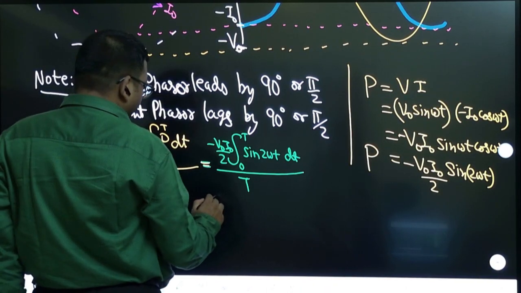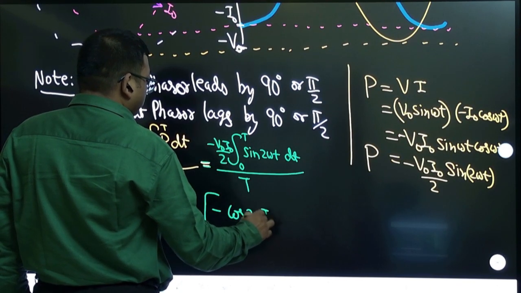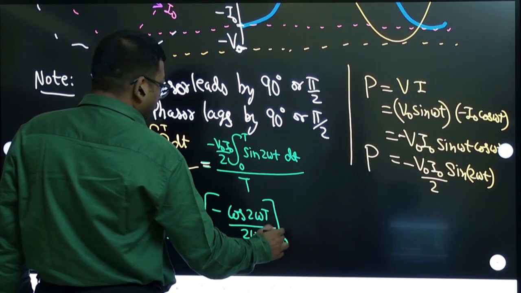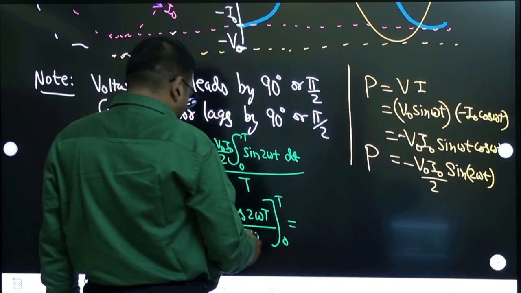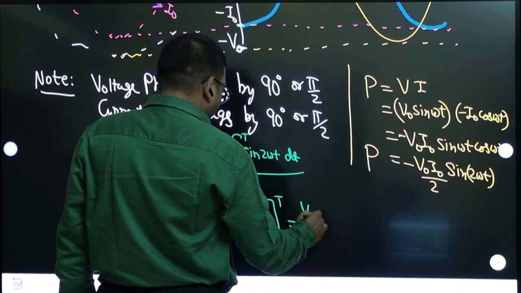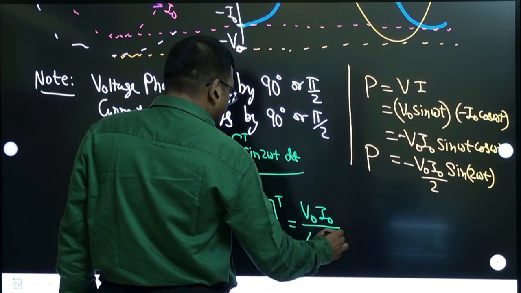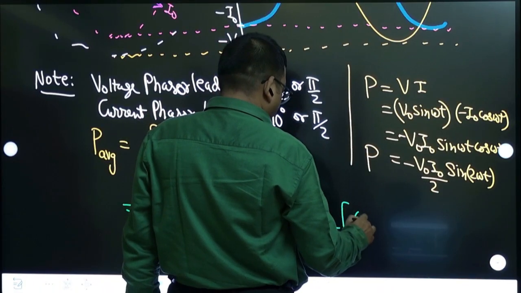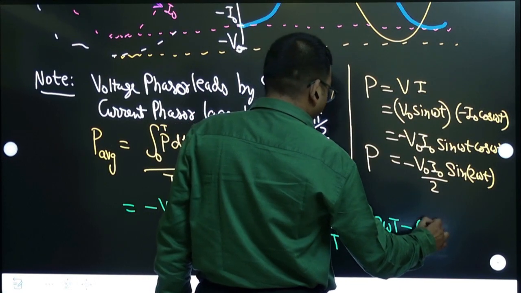The integration of sin becomes minus cos, divided by 2 omega, limits 0 to T. This minus you can take out, 2 omega also you take out. So V naught I naught by 4 omega T. Put the upper limit: cos of 2 omega T minus cos 0.